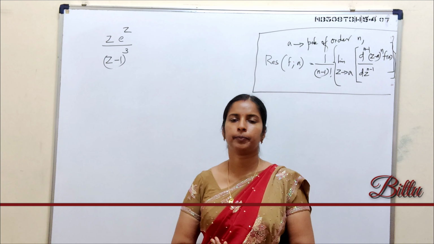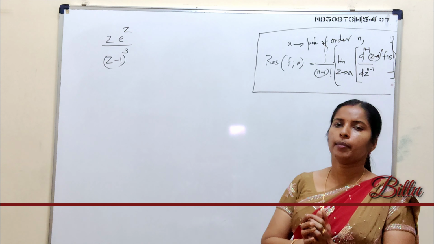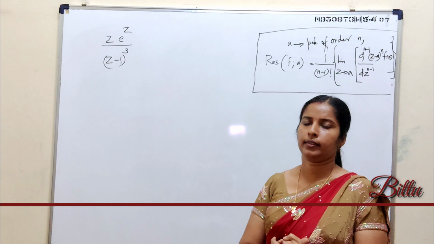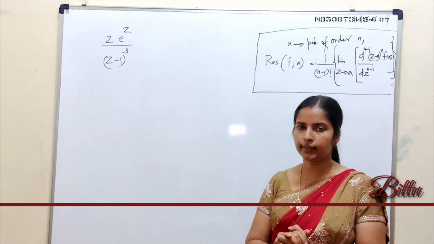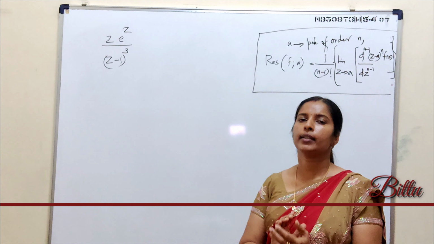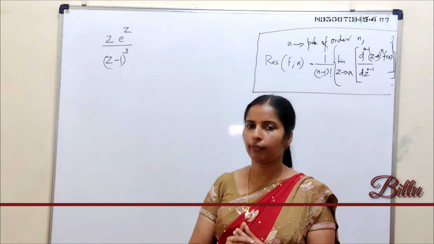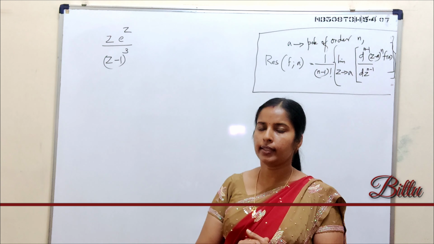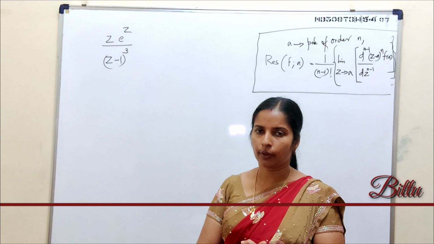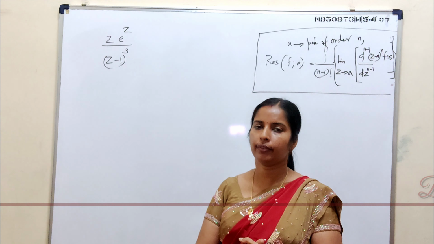And its equation is, if a is a pole of order n of a function f, then residue at a of the function f is 1 by (n minus 1) factorial, limit z tends to a, (n minus 1)th derivative of (z minus a) the whole raised to n into f of z.